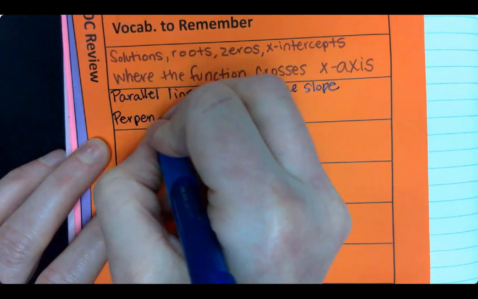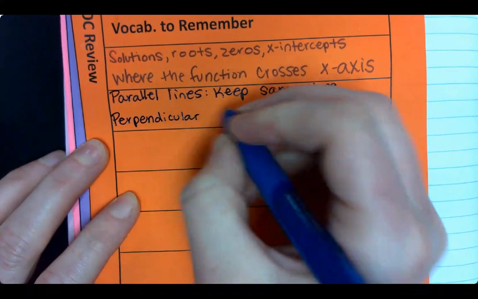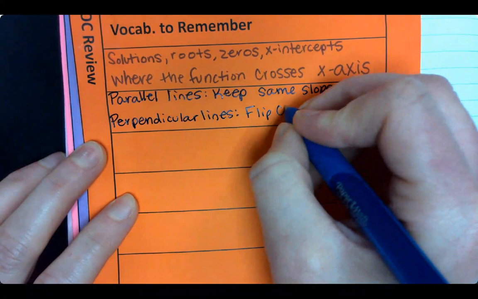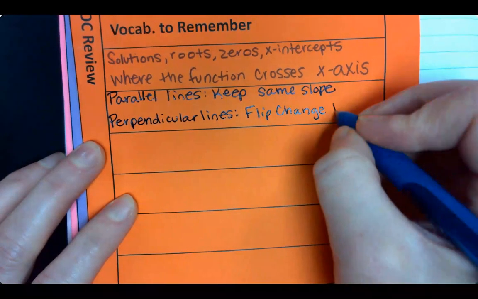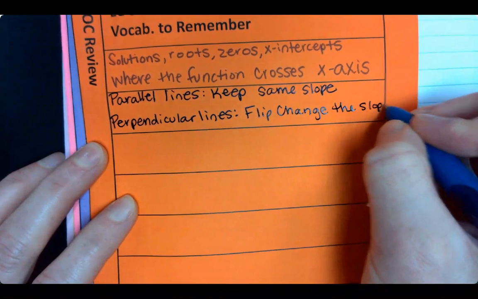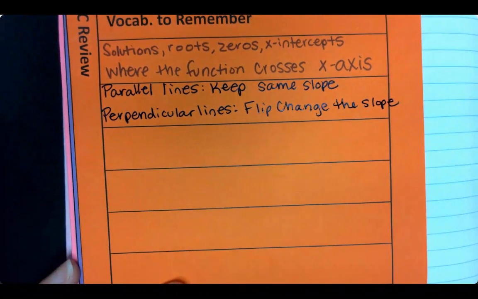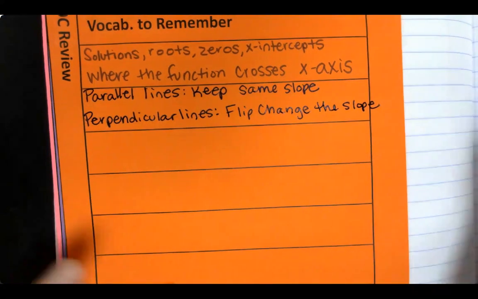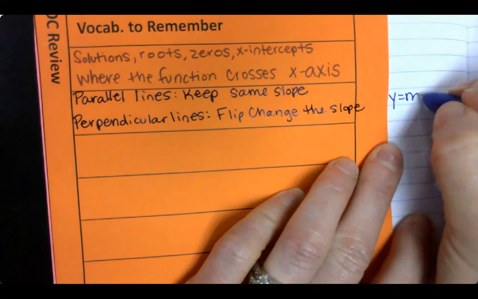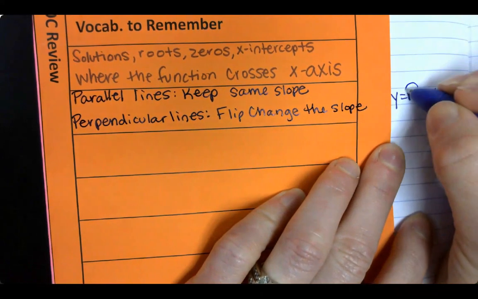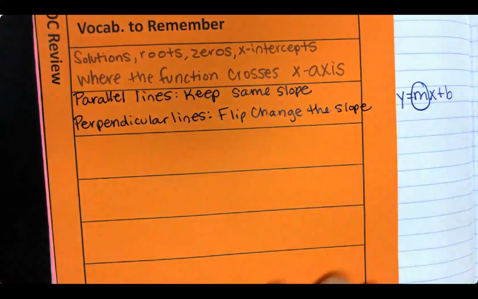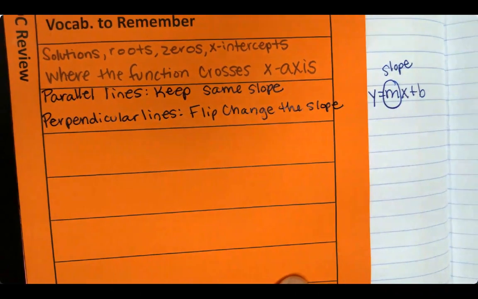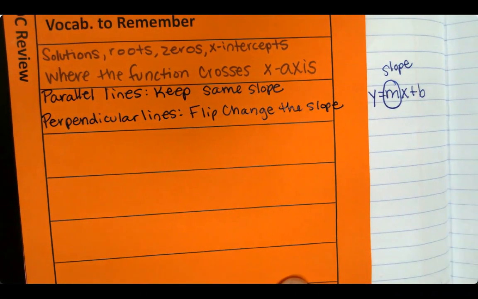Perpendicular lines, we actually have to flip, change the slope. So you're always going to have to find the slope. So y equals mx plus b, where your slope is m. The perpendicular slope would be whenever you flip and change your sign.